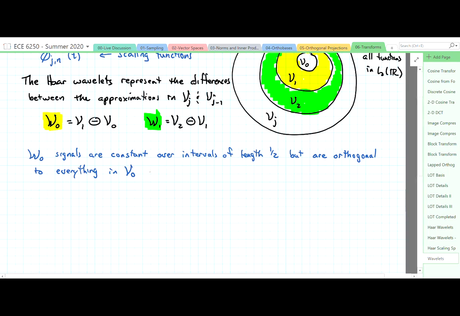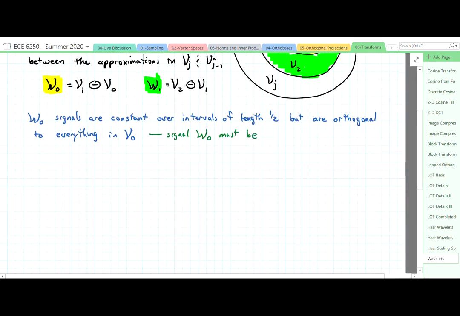This means that signals in V0, or I'm sorry, in W0 must be zero mean between integers.